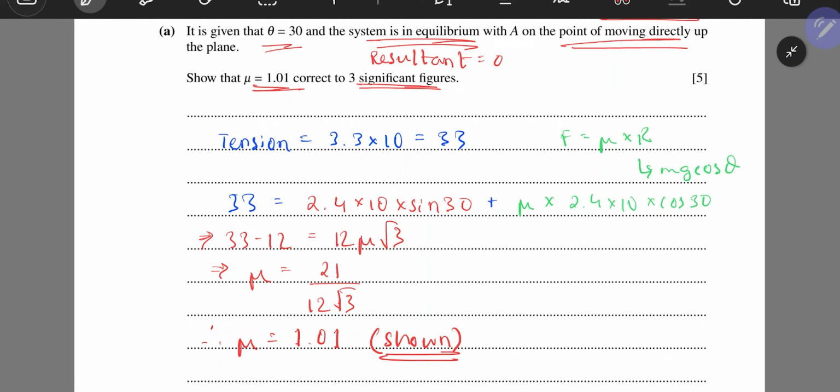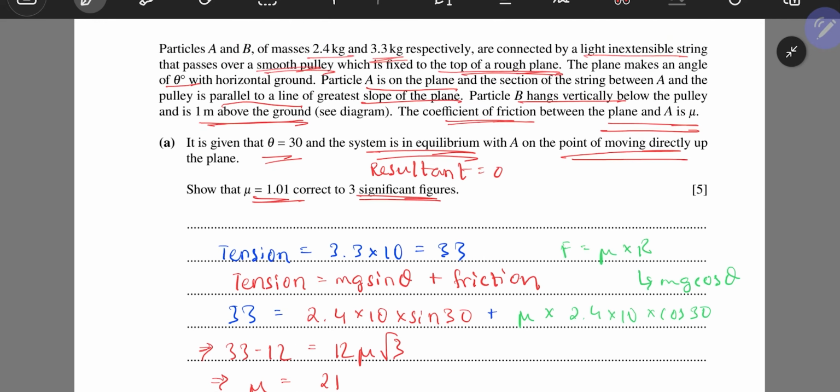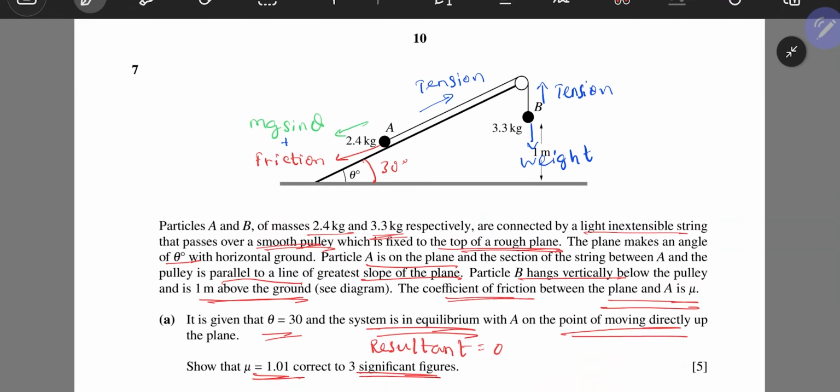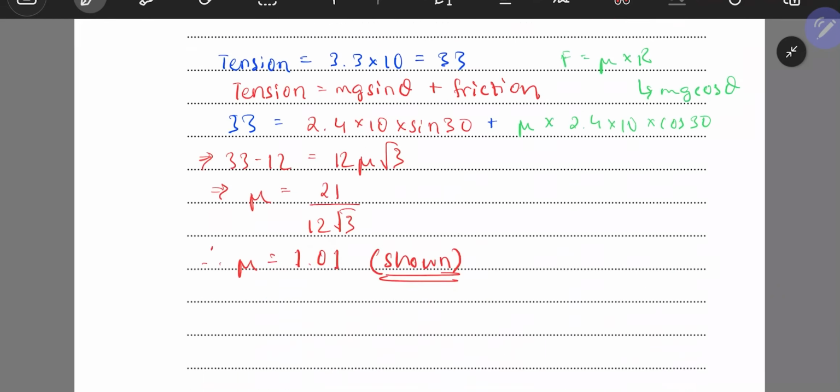This is quite simple. We just use the fact that resultant force equals 0. So tension equals the weight component mg sine theta plus friction, and we use the diagram to determine the direction of forces.